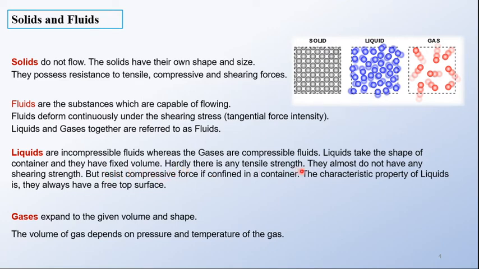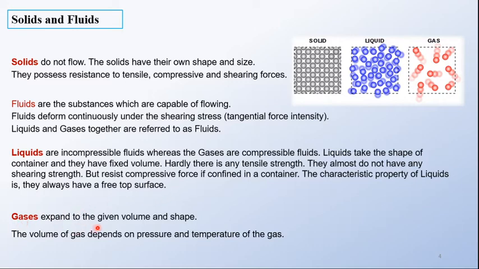Hardly there is any tensile strength. They almost do not have any shear strength, but resist compressive force if confined in a container. The characteristic property of liquids is they always have a free top surface.